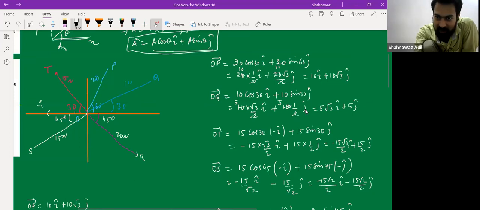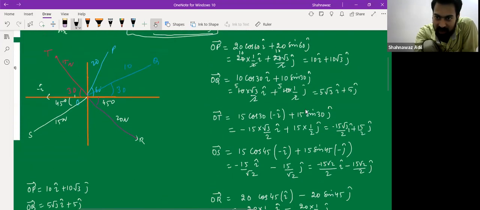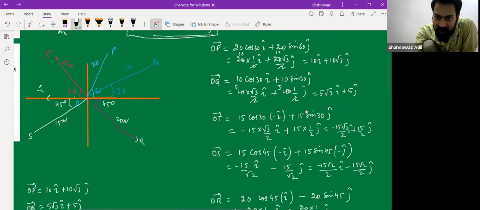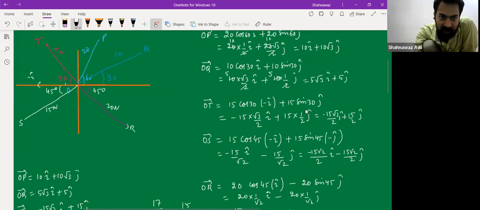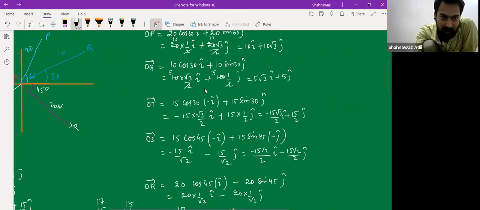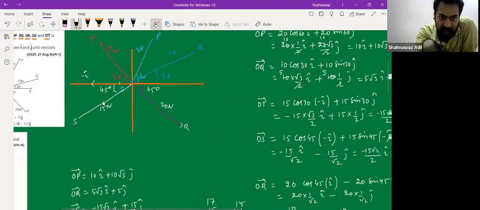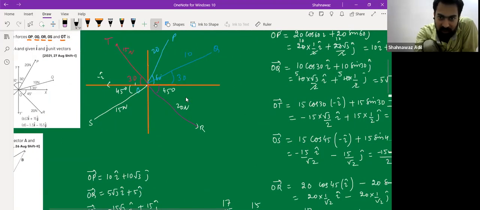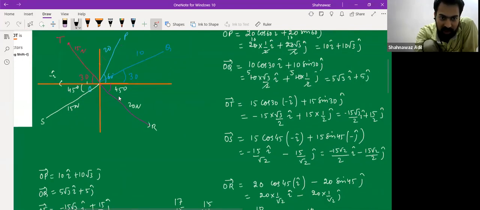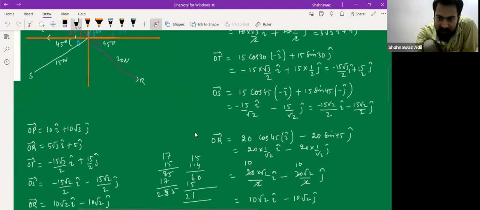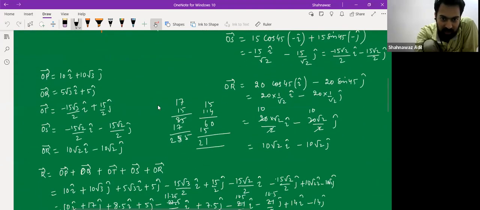So half root 3, and this is correct. So OP, OQ, and then we had this 15, 15, and 20. I don't know. We have to check where I did something wrong.